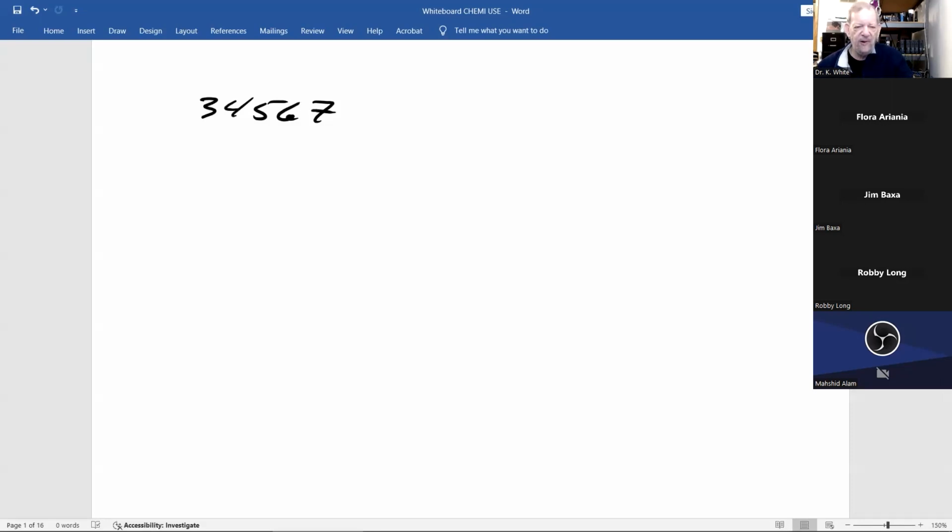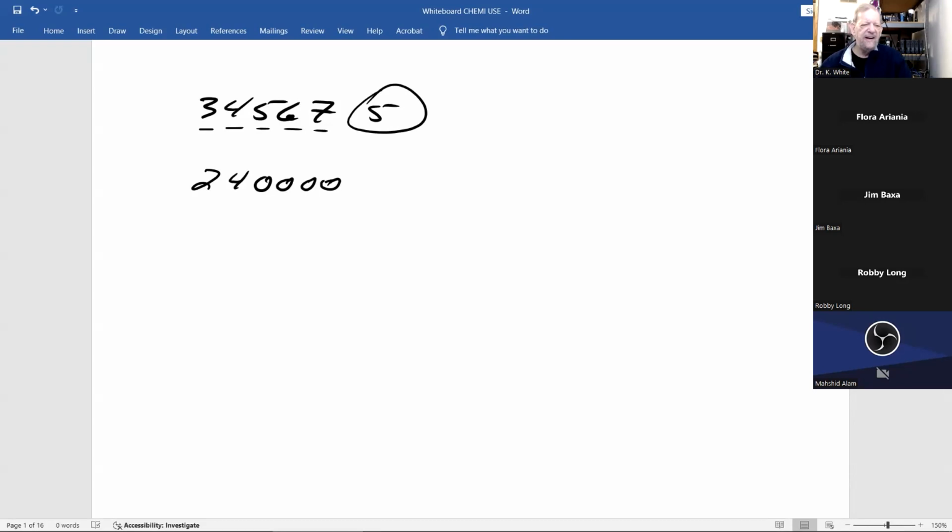We look at this number, all non-zero numbers are significant. So 1, 2, 3, 4, 5. So this would have 5 significant figures. Let's do another one. And the question would be, how many significant figures does this number have?